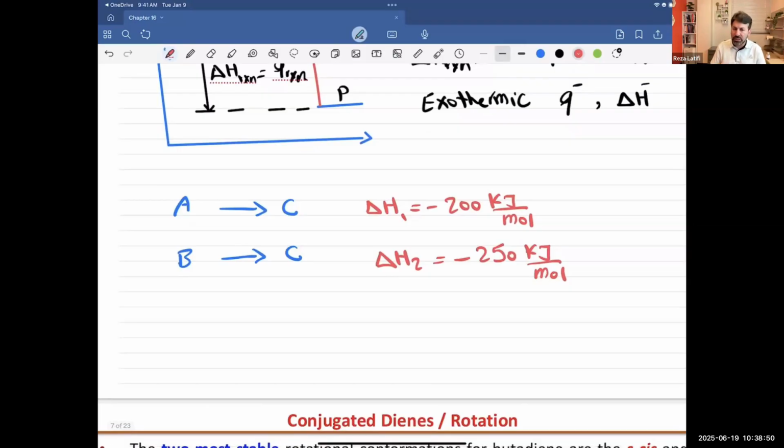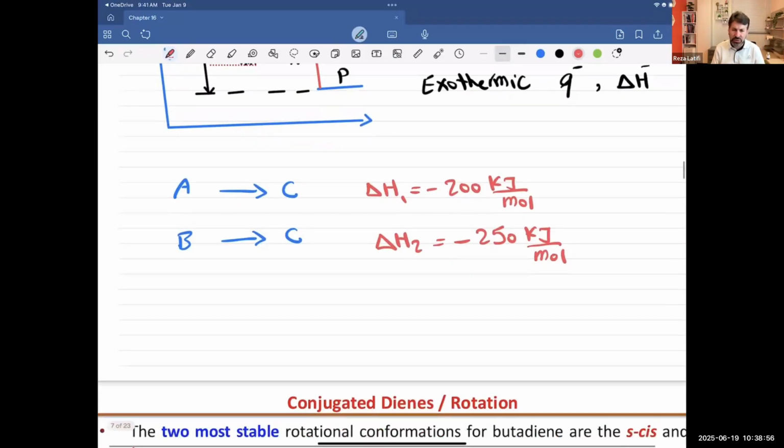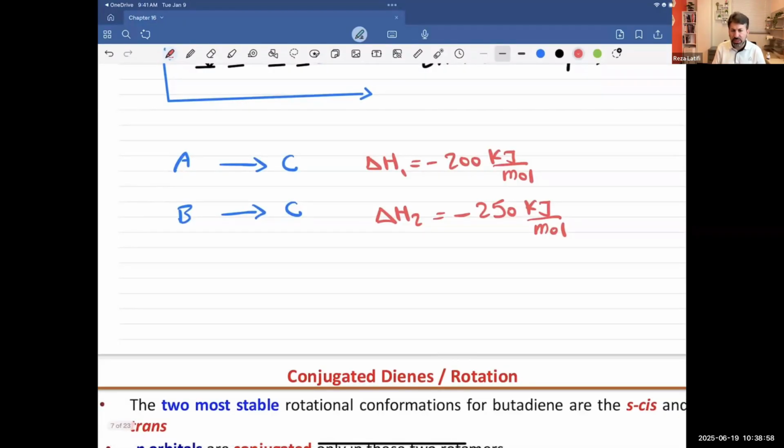We judge it based on how much heat they release when they turn to C. And in this case, the second one, B, is going to be less stable than A.